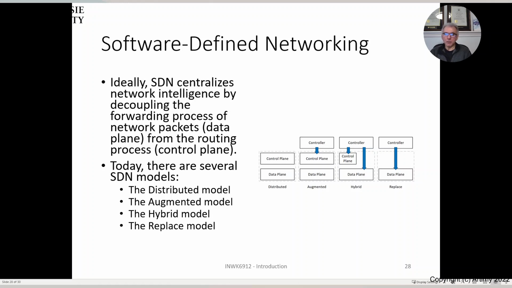The packet may be dropped in the middle by the data plane because it doesn't have a destination in the lookup table. They don't have any entry that says where to forward the packet, so the packet will be dropped. Or if it's a firewall, then maybe the packet will be dropped because of a firewall policy, right?